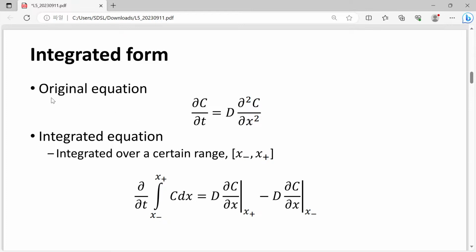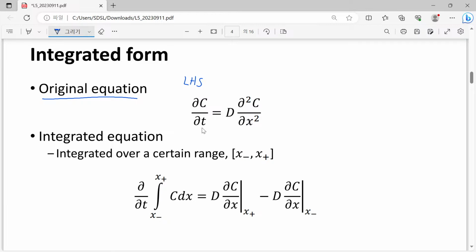Integration. Let's consider our original equation, which is written as this one. The time derivative of our concentration is balanced with the second derivative with respect to real space. Previously, the left hand side term was discretized by taking the backward Euler scheme.